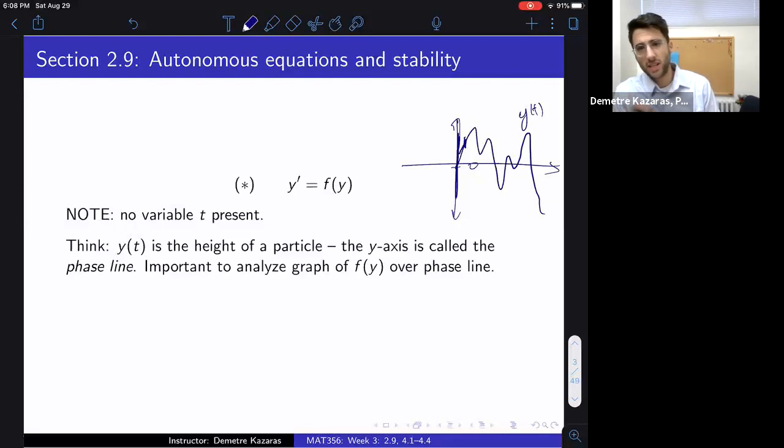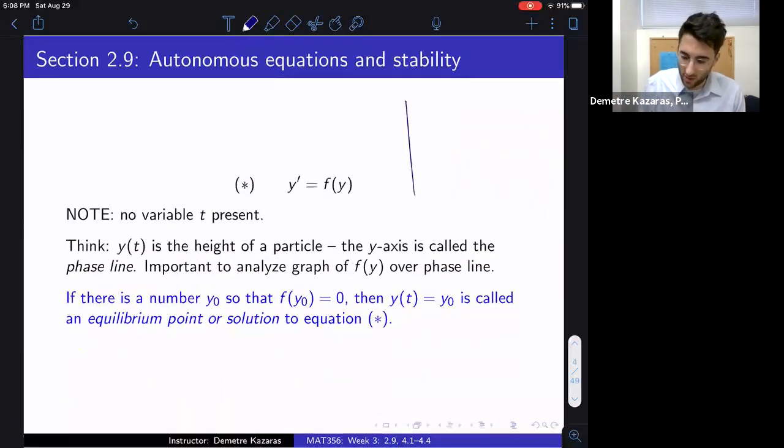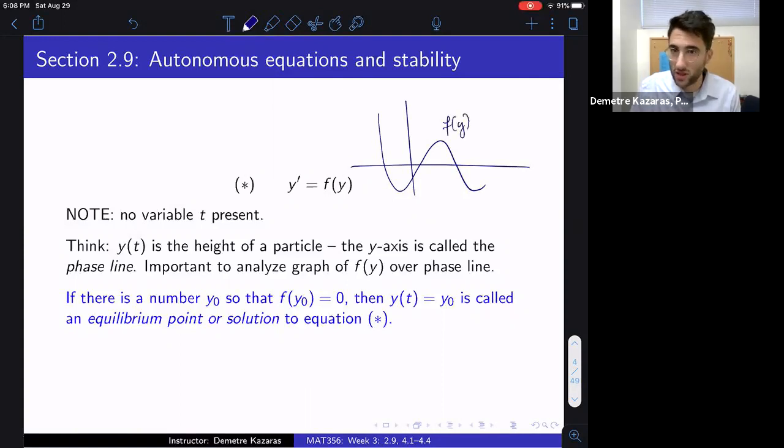What will be important to analyze these functions is the right-hand side of the equation graphed over what's called the phase line, which is just the y-axis. So we're going to be analyzing not the graph of a solution, but the graph of the right-hand side of the differential equation itself.